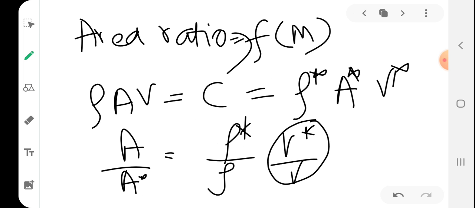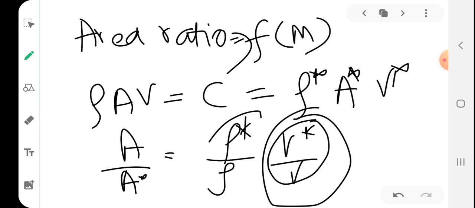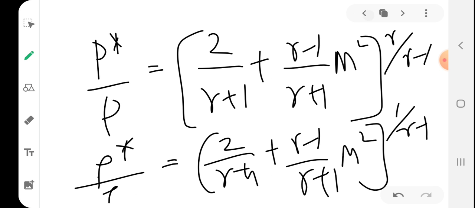V star by V is now available. Now what is rho star by rho? We have derived the equation for rho star by rho in the previous slide. It is nothing but 2 by gamma plus 1 plus gamma minus 1 by gamma plus 1 Mach square, raised to 1 by gamma minus 1.